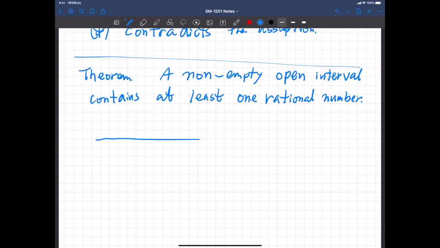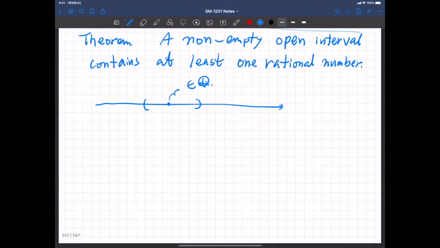So if we have an open interval, however small it is, there is always at least one rational number. So that's what it says. And we proved this already, but let's do it again. So here's the proof.